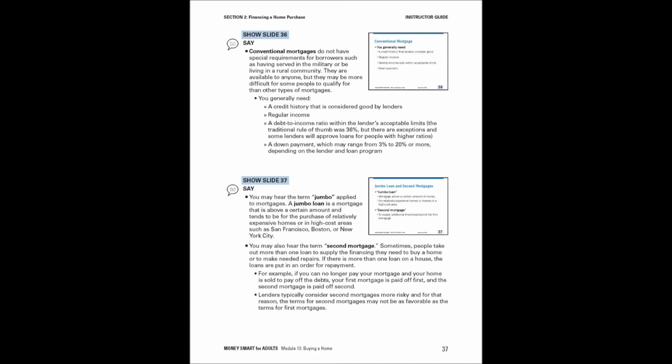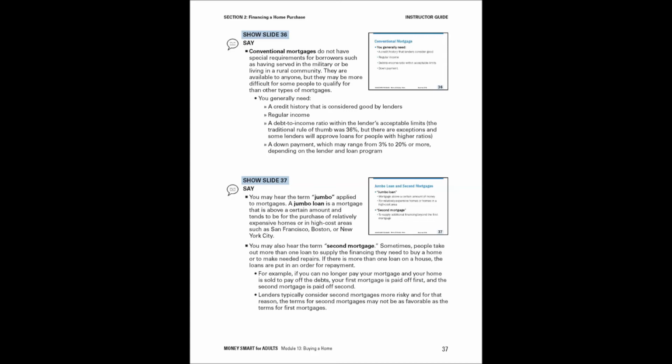But there are some people that may want to buy in a high-cost area, and that's where the term jumbo loan is applied. It's a large loan that allows people to buy in high-cost areas such as San Francisco, Boston, New York, Seattle, some of these other areas that really have more expensive homes.